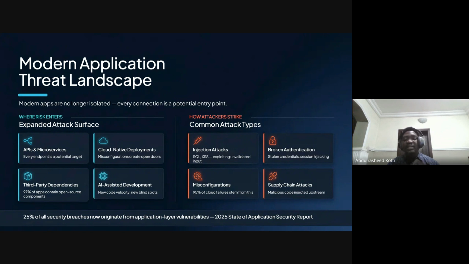For instance, data might be left open to the public. Next, we have broken authentication. Then we also have supply chain attacks. In this case, attackers might target third-party tools that are used by the app. And the key thing that we should notice is that every connection in your system can become a point of attack.